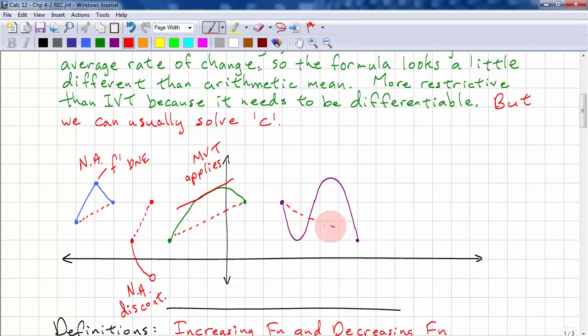Here, the average rate of change is this line, and we have continuity and a smooth curve, so it can be differentiable, so the mean value theorem applies. And we see that we get a match roughly there and roughly there.